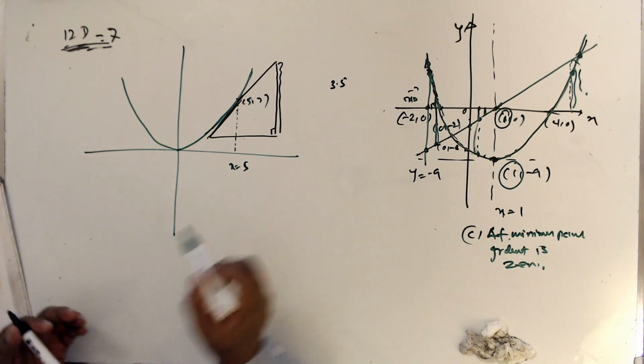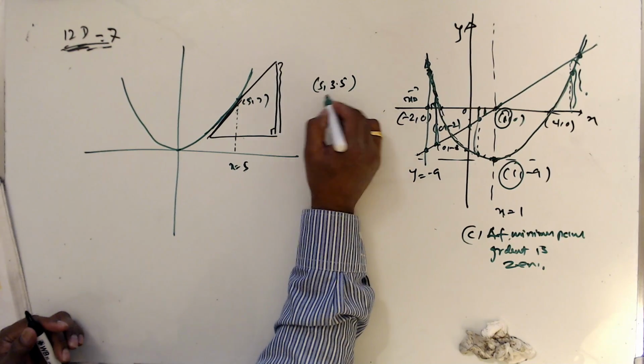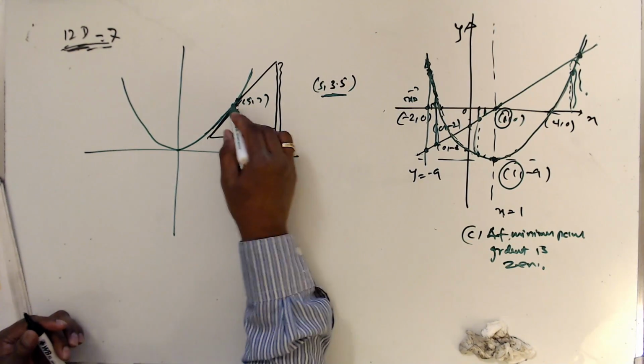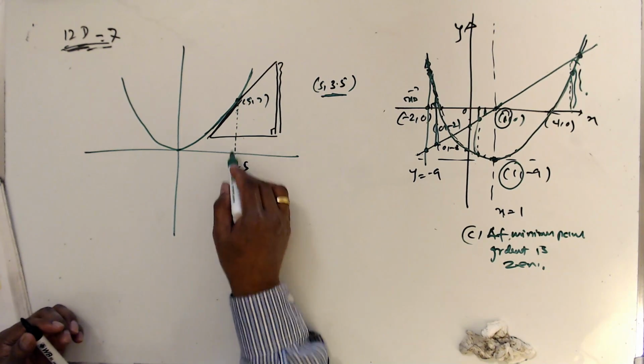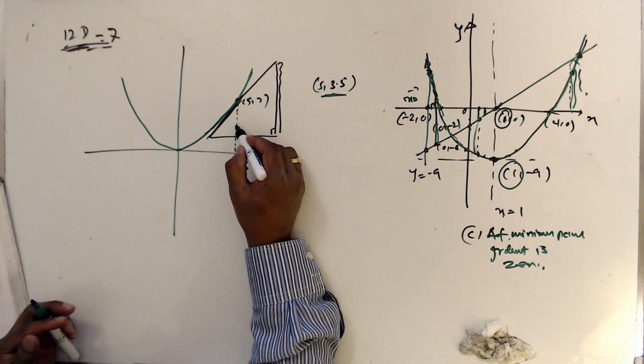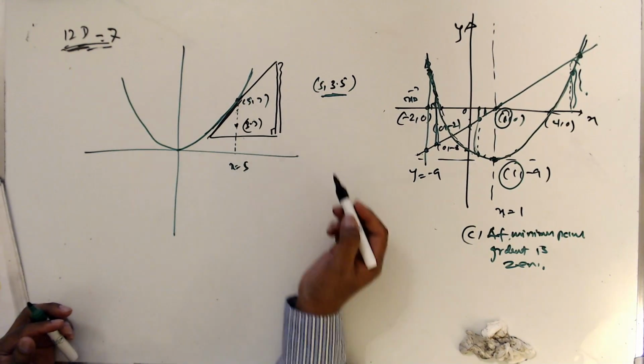Now when x equals 5, what is the gradient? 3.5. So for this point on the curve, when x equals 5, the gradient is 3.5. So this is the gradient point.